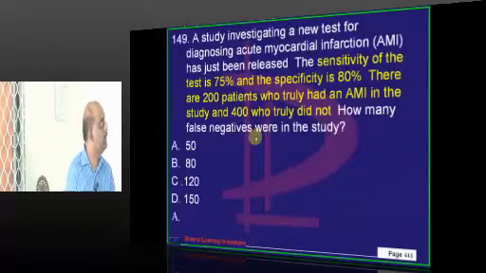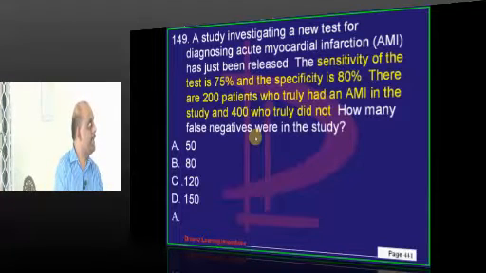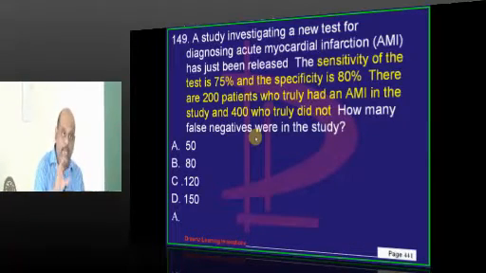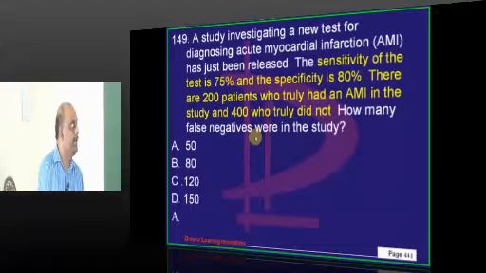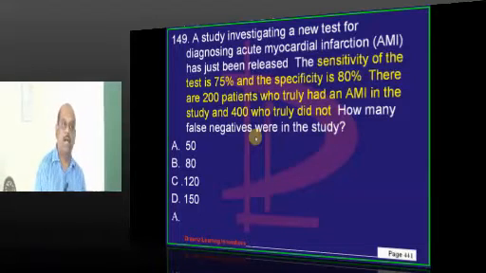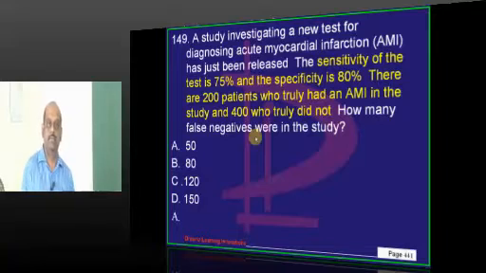Now, sensitivity, the next question of the test, is 75%, specificity is 80%. There are 200 patients who truly had acute MI in the study and 400 truly did not have. We are being asked to calculate false negatives in this study.